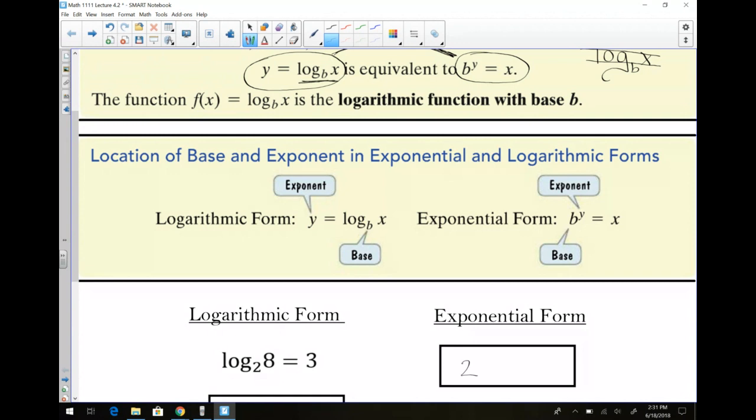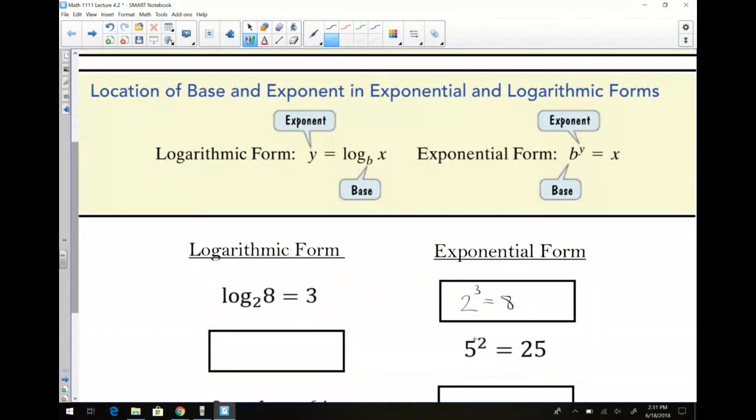And remember that the exponent is what the log is equal to, so you have 2 raised to the third power equals, and then whatever's inside that logarithm, which is 8. See how this makes a lot more sense? In this exponential form you're like, oh, that makes sense, because I know that 2 times itself 3 times is going to be equal to 8.